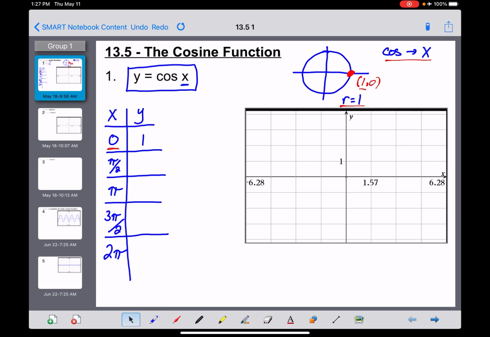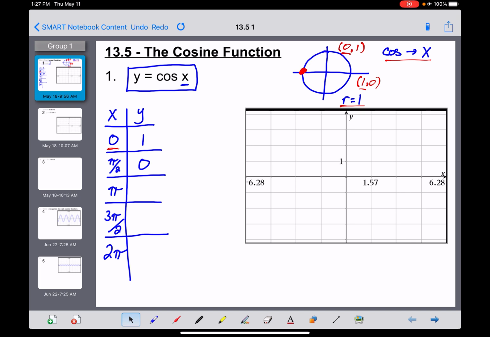Now let's go to our next quadrantal angle, right up here at pi over 2. That one gets us the ordered pair (0, 1), straight up due north. Once again, cosine is our x-coordinate, so the x-coordinate at the point (0, 1) is 0. That gives us a cosine value of 0 at pi over 2.